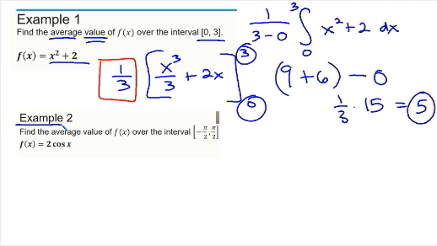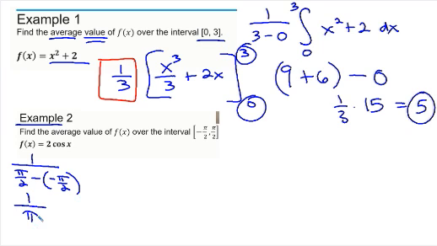Find the average value of the function over the interval negative pi halves to positive pi halves. So I'm going to have 1 over pi halves minus negative pi halves as my multiplier. When I subtract a negative, it becomes addition. So my multiplier is going to be 1 over pi, because I'm basically adding those pi halves together.